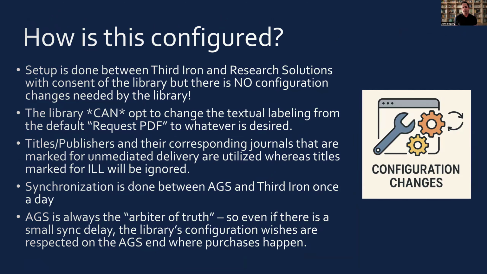So finally, how is this configured? Well, setup is done between Third Iron and Research Solutions with consent of the library, but there are no configuration changes needed by the library. The library can opt to change the textual labeling from the default request PDF to whatever is desired. So if you have some local naming for this service, you can call it that.